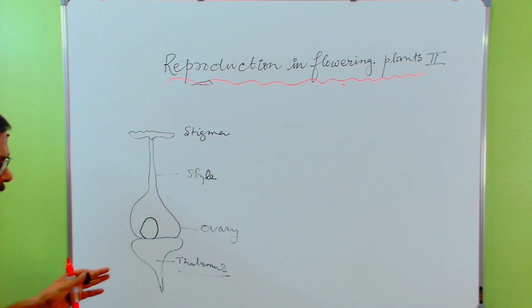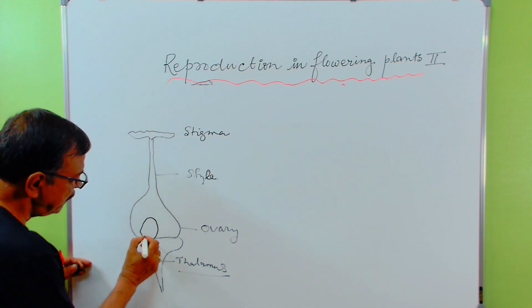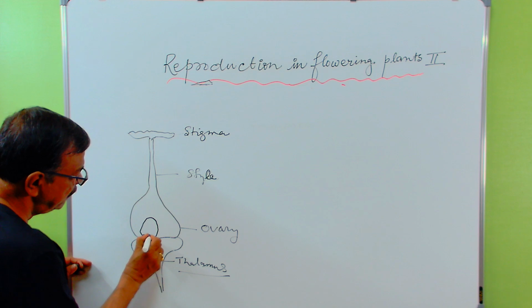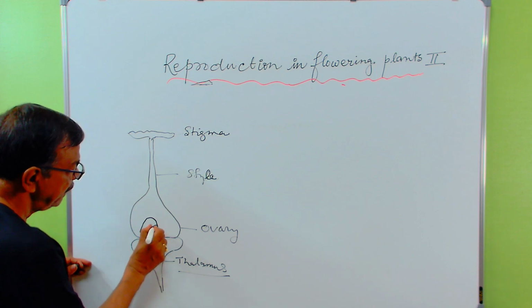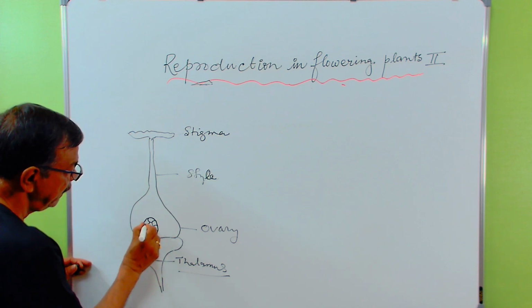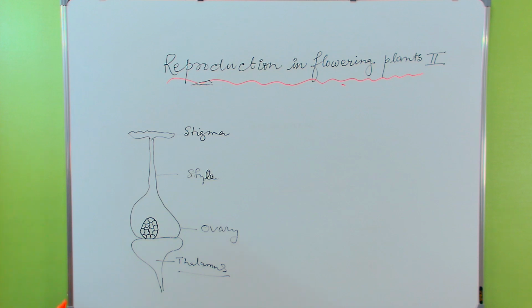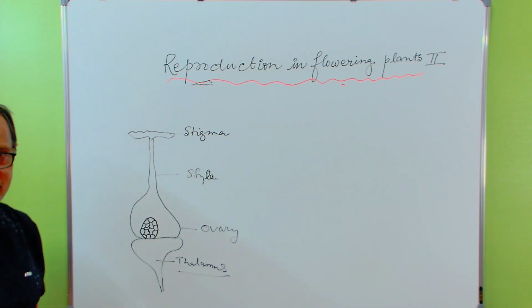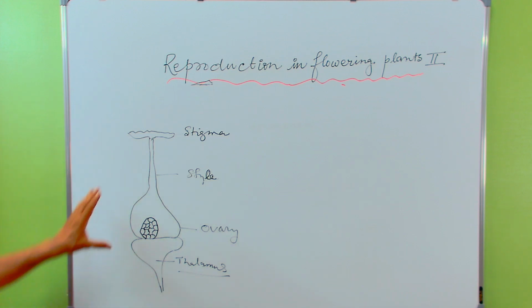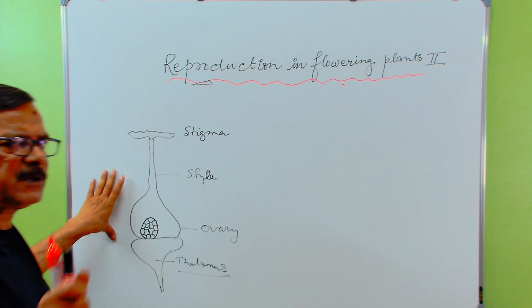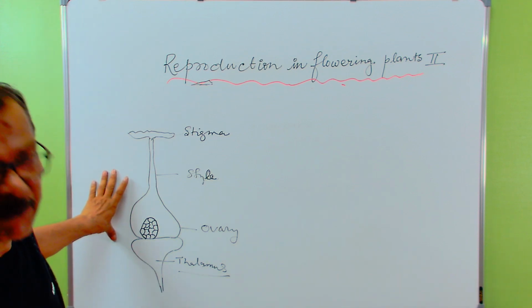In the placenta or ovary, there remains a protuberance with numerous cells. Clear? Then, sometimes in the examination it is asked, structure of an ovule.